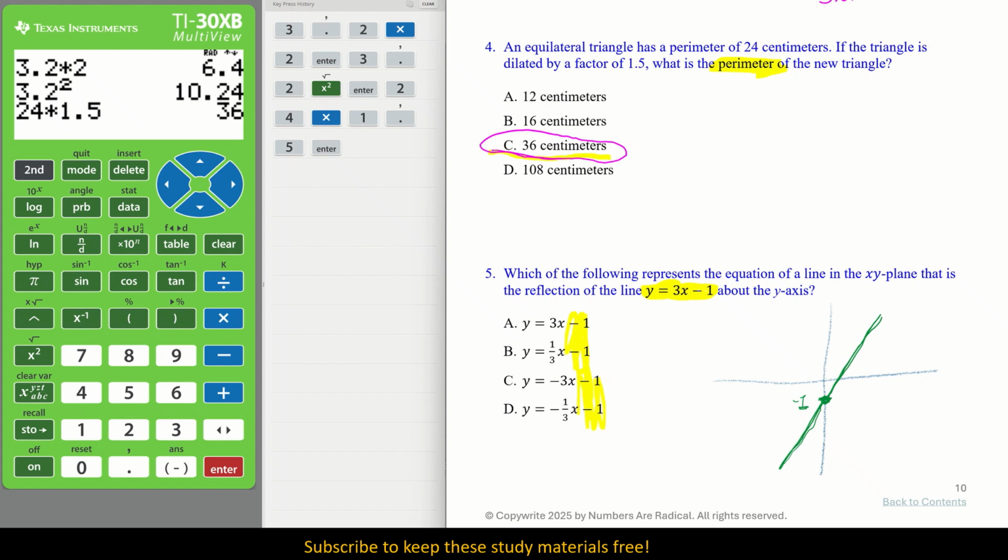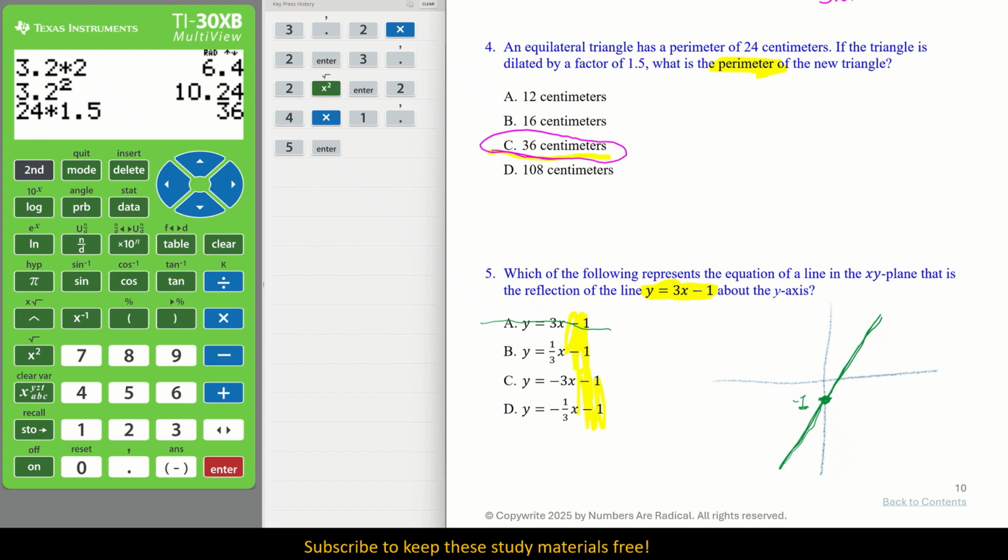Now look at A. A is just repeating this. Well, A could technically, that would be like saying you have one line on top of the other. That's not what the question asked. So mark through that if you see it. Okay. Now, another thing that I see, look at option D, -1/3. That would be a perpendicular line.